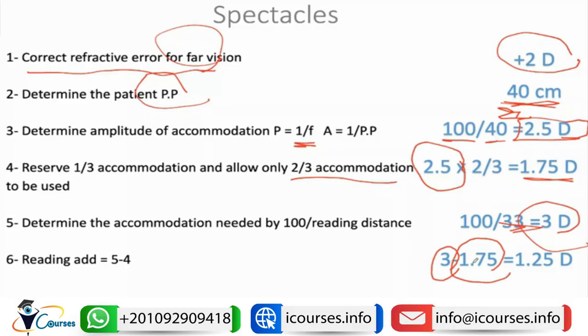So 3 minus 1.75 equals 1.25 diopters. So this patient needs plus glasses of 1.25 diopters in order to see at 33 centimeters clearly without any strain, to compensate for his presbyopia.